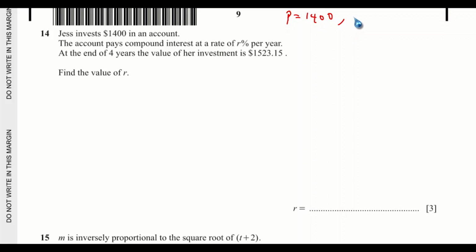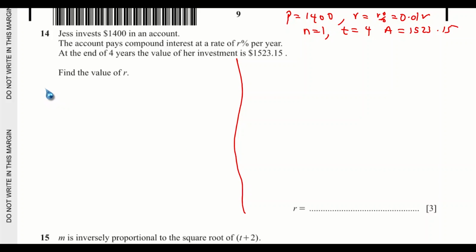The rate at which the interest is paid is R%, which we can write as 0.01 R. The number of times interest is paid in a year is 1, n equals 1, t equals 4, and the amount equals $1,523.15.